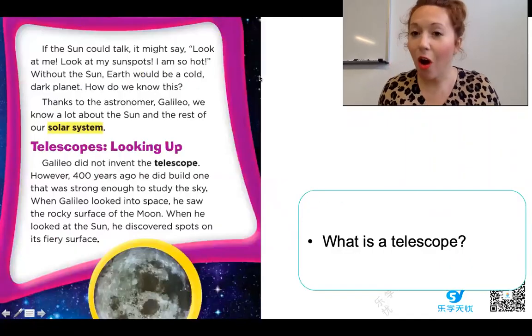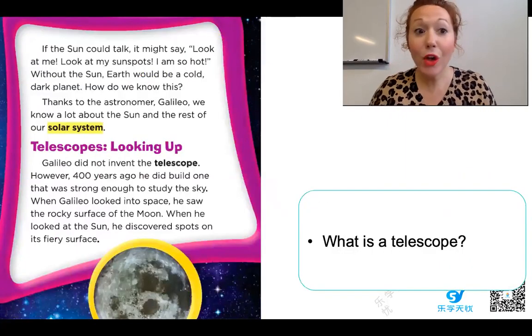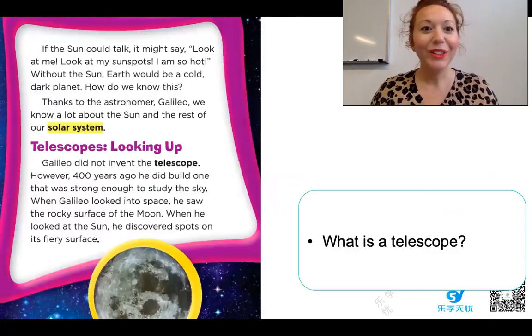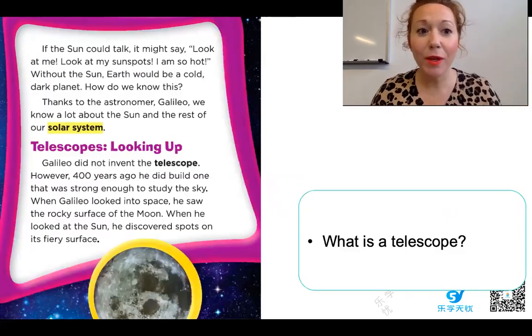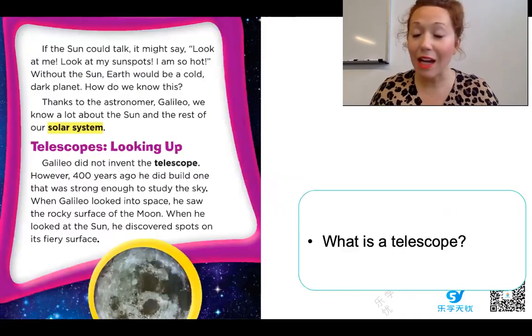If the sun could talk, it might say, "Look at me. Look at my sunspots. I am so hot." Without the sun, Earth would be a cold, dark planet. How do we know this? Thanks to the astronomer Galileo, we know a lot about the sun and the rest of our solar system.